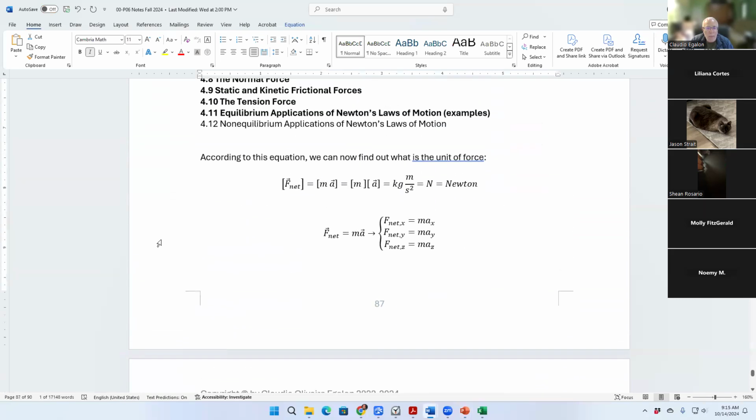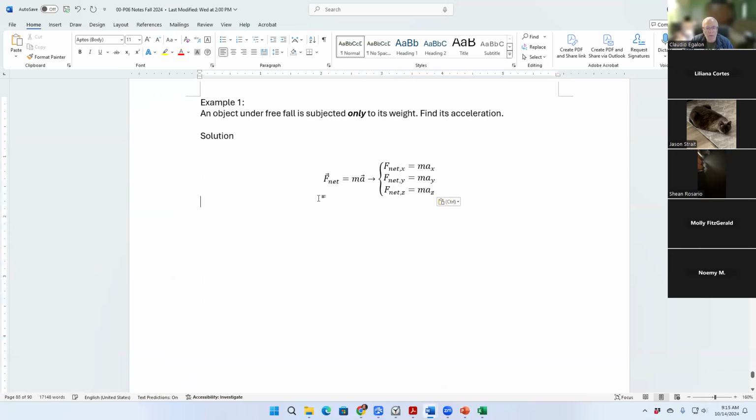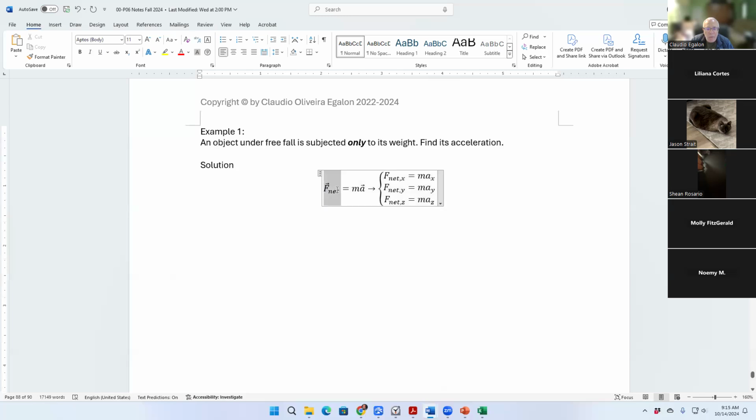So now we apply Newton's second law of motion. The net force in this specific case is going to be the weight. There is only one force being applied. And we saw before that the weight is going to be the mass times the acceleration of gravity.